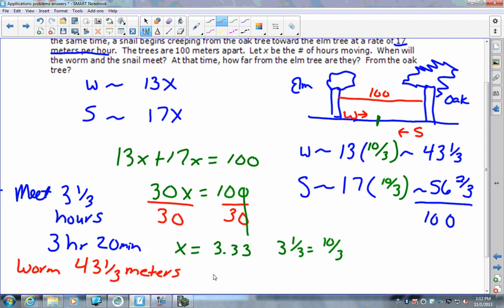And the snail is 56 2/3 meters away from the oak tree. All right, it makes much more sense when I add it back together and it equals 100.